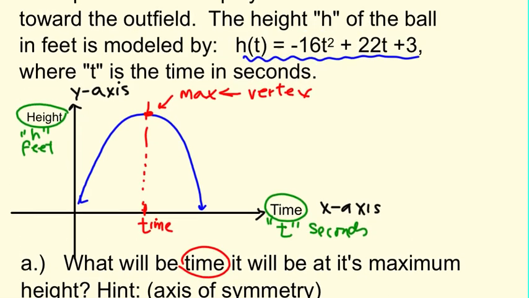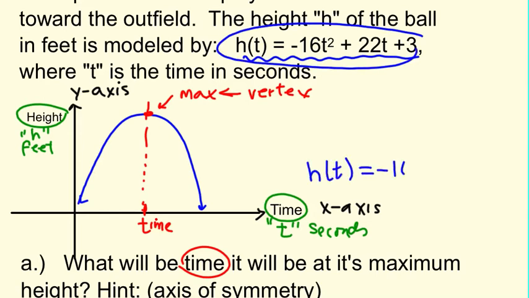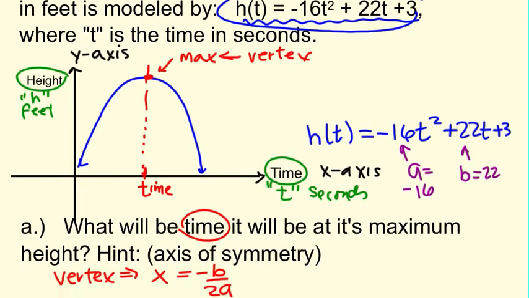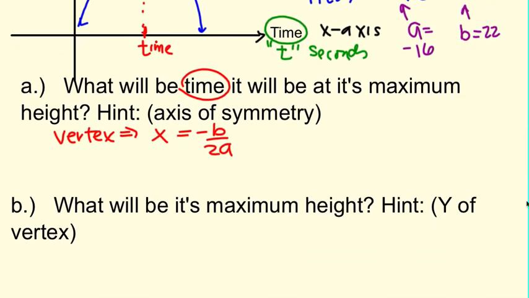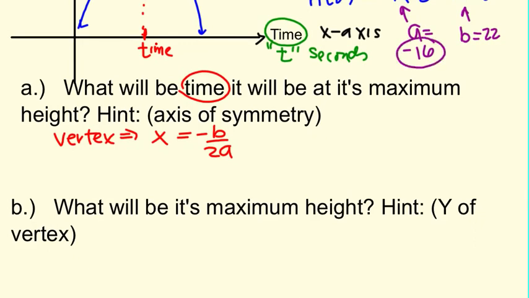Our equation is h of t equals negative 16t squared plus 22t plus 3. We're only going to care about our a term, which is negative 16, and our b term, which is 22 for now. So we're going to substitute those two numbers in, our a and our b, into this formula.